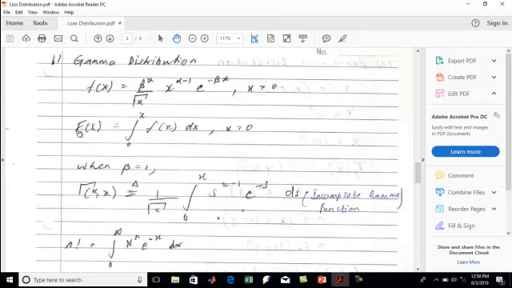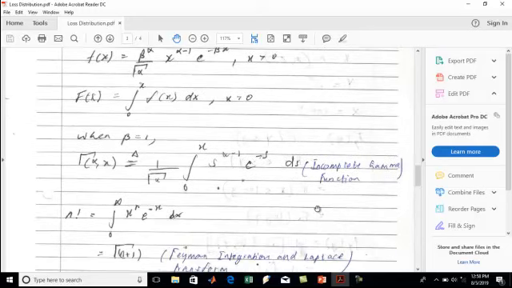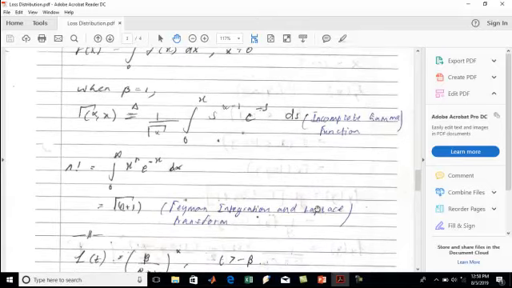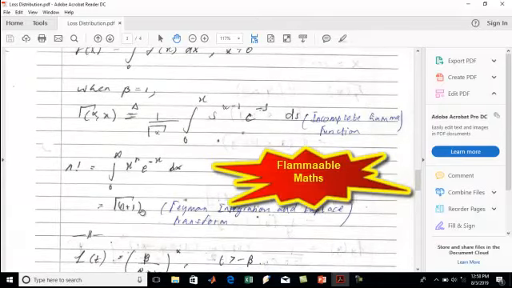The cumulative density function is just the integral of small f of x dx with limits 0 and x. This gamma function here is known as the incomplete gamma function. By definition, you can prove that n factorial is the gamma of n plus 1.